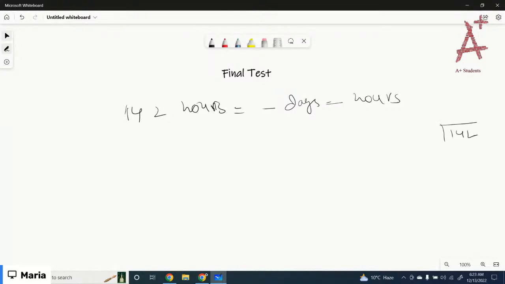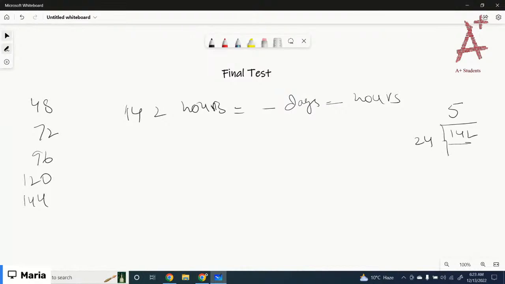You are given hours, so divide by 24. 24 times 2 is 48. 24 times 3, let me just use the calculator, is 72. 24 times 4 is 96. 24 times 5 is 120. 24 times 6 is 144. So 144 is greater than 142. Got it? So we can go for 24 times 5.